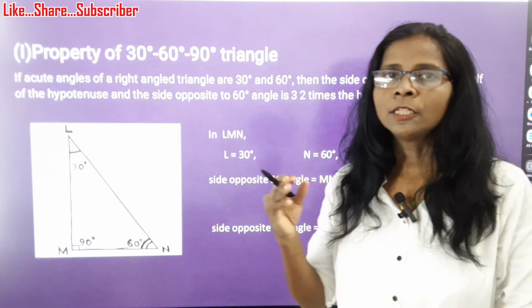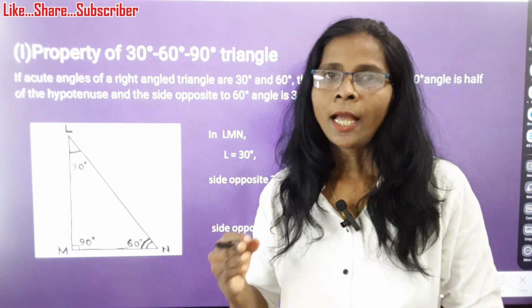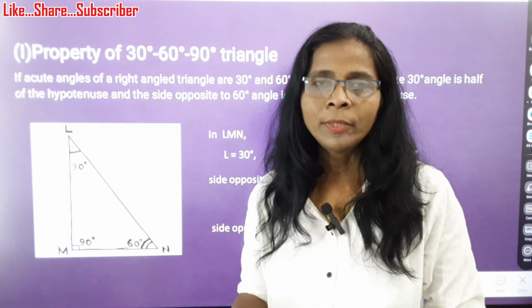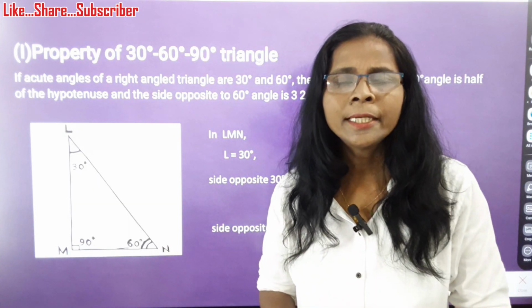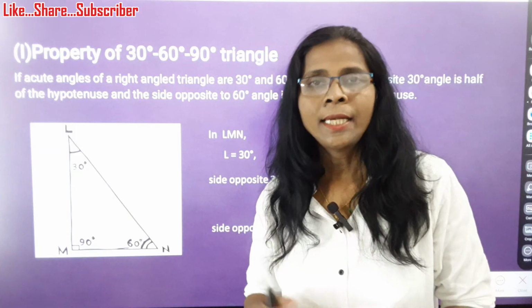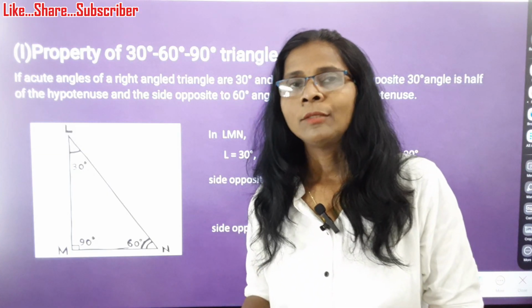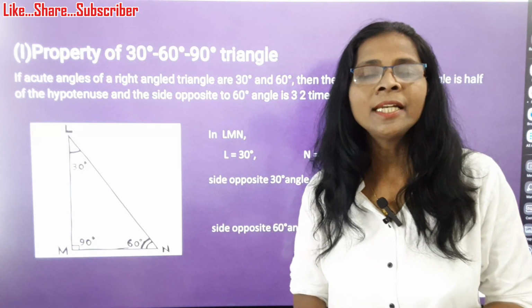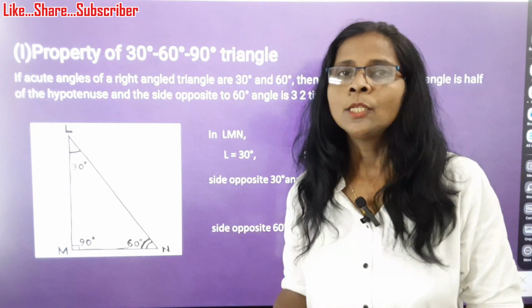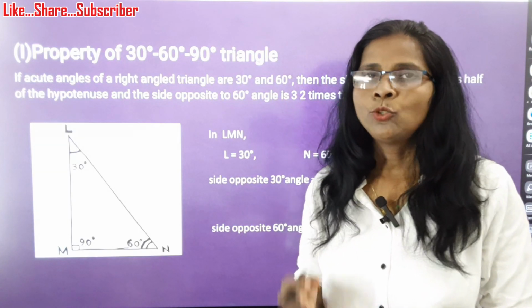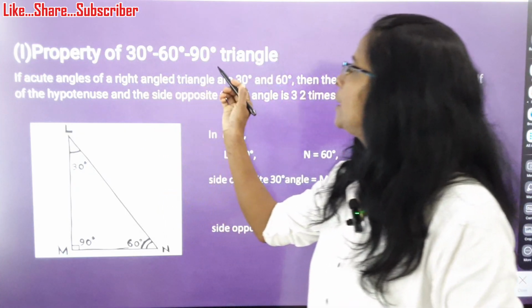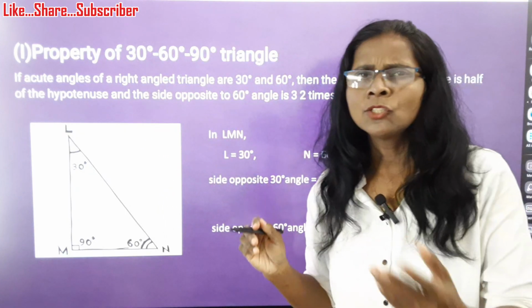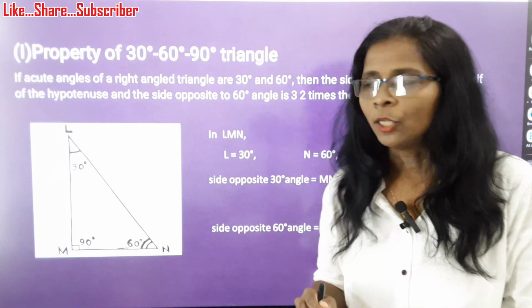If you draw the 30, 60, 90 degree triangle, there is a property of its sides related to those angles, and if you draw the 45, 45, 90 degree triangle, there is also a property. So let us study the property of the 30 degree, 60 degree, 90 degree triangle, which is called a right angle triangle, students.